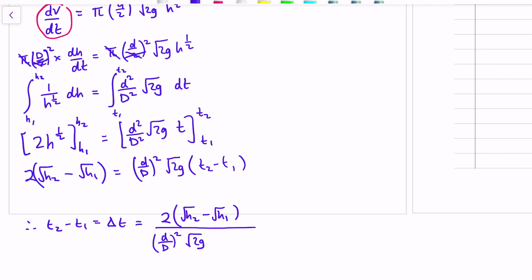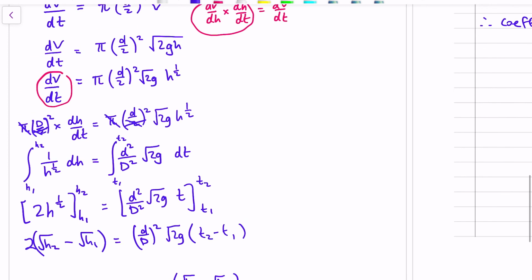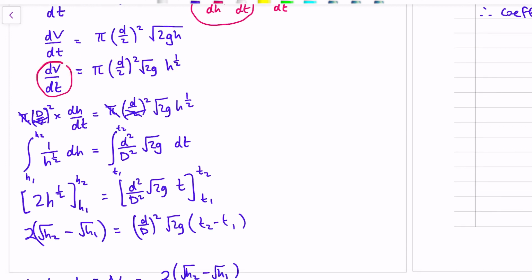H2, the second height value, is going to be smaller than the first height value because the tank's leaking. And if I look back at my dV/dt equation, it's actually slightly wrong, because pi, d over 2, 2g, all of those are positive, and the height's positive, which means I should have had a negative in that.